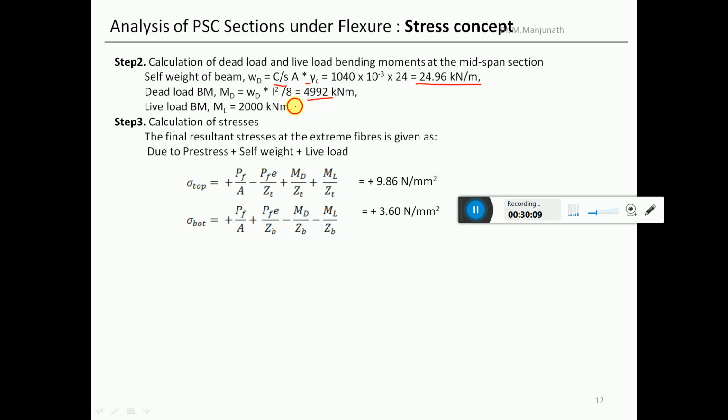The live load bending moment value is given. So using these two moment values, we can calculate the stress in the top and bottom fiber using the expressions, and we get the stress values as plus 9.86 in the top fiber and plus 3.6 in the bottom fiber.